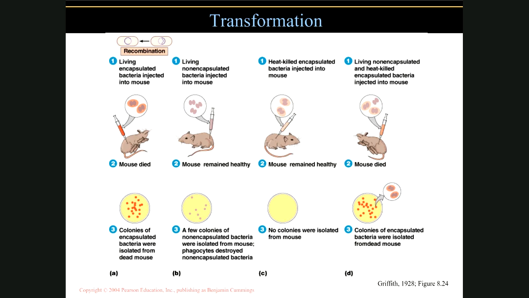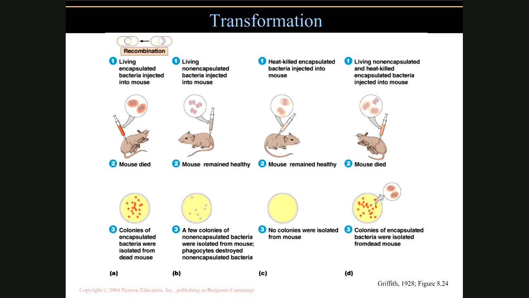So the first mechanism, transformation, we'll talk about some famous experiments performed by Frederick Griffith. He worked with 2 types of Streptococcus pneumoniae bacteria. He worked with one type that produced a capsule, so we had encapsulated Strep pneumoniae bacteria. And the other Strep pneumoniae did not produce a capsule.